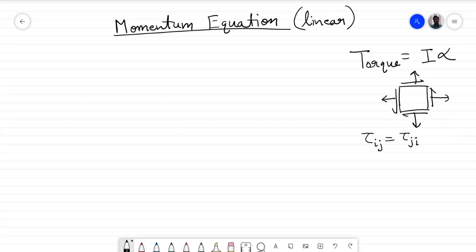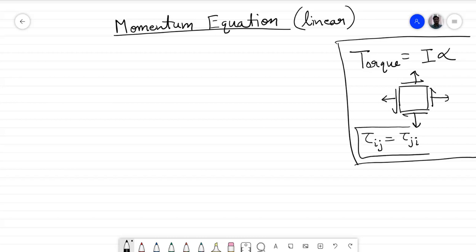So the angular momentum equation, which is this torque equal to I alpha, gives us this relationship, which reduces the number of unknowns that we have to solve for. Now we'll see what the linear momentum equation gives us.